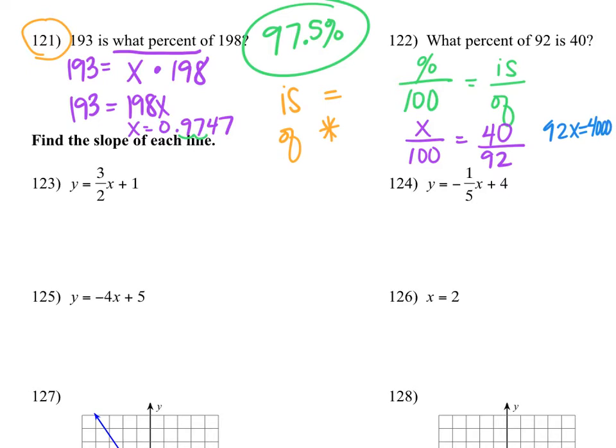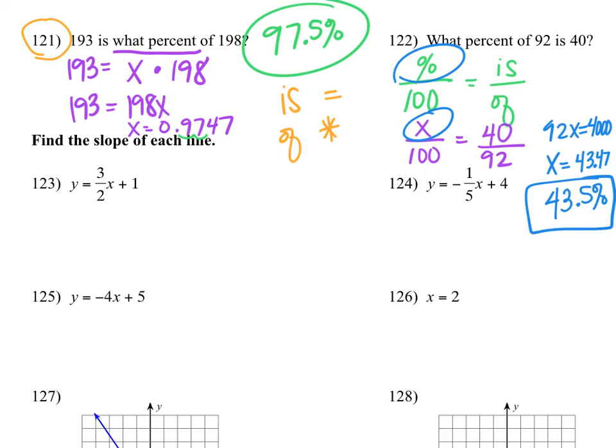So 4,000 divided by 92, x would equal 43.47. And since x is already over my percent, there's no need to move the decimal. So you know in this case it's 43.5% because I rounded. And you're done.